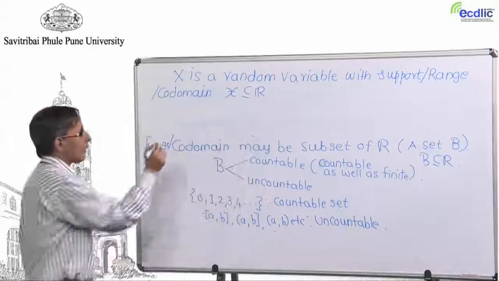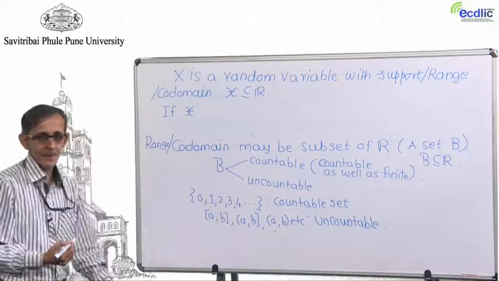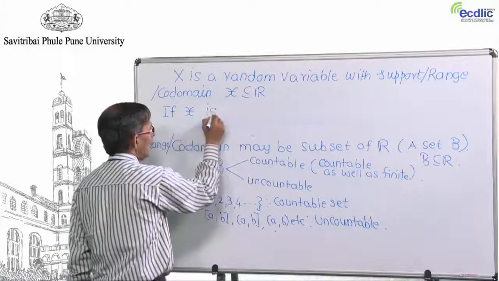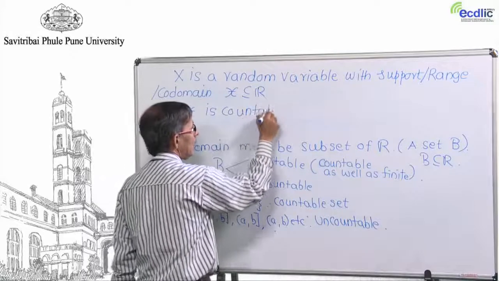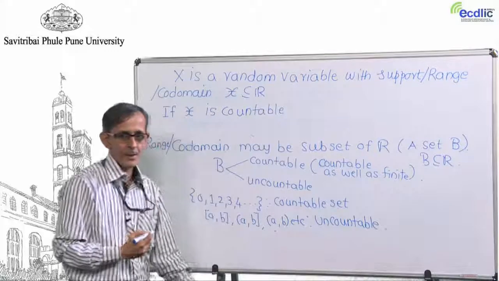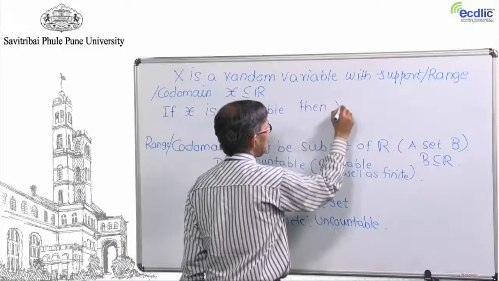Now, if X is countable, then such an X is called a discrete random variable.